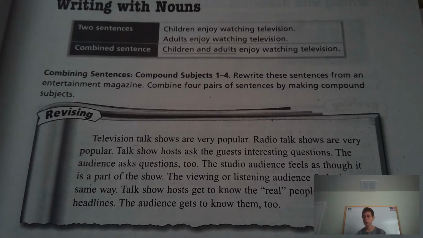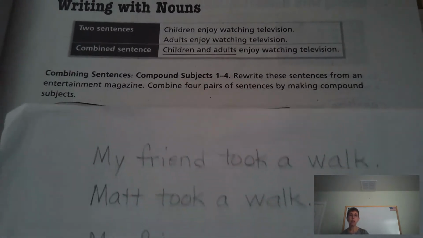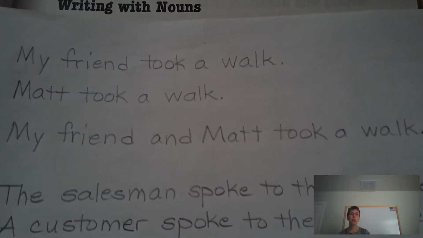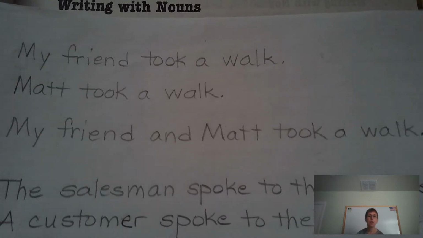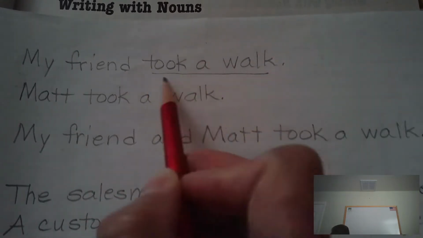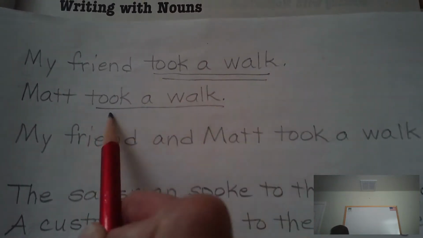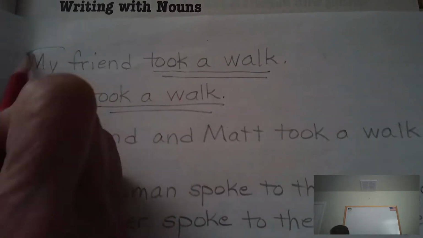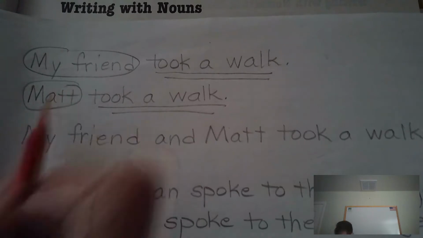I have a couple other sentences here that I'd like us to take a look at together. So, very simply, my friend took a walk. Matt took a walk. What you need to notice first of all is that the predicates are the same. Took a walk. The actions in both of those sentences are the same, and because the predicates are the same, we are able to combine our subjects, my friend and Matt.